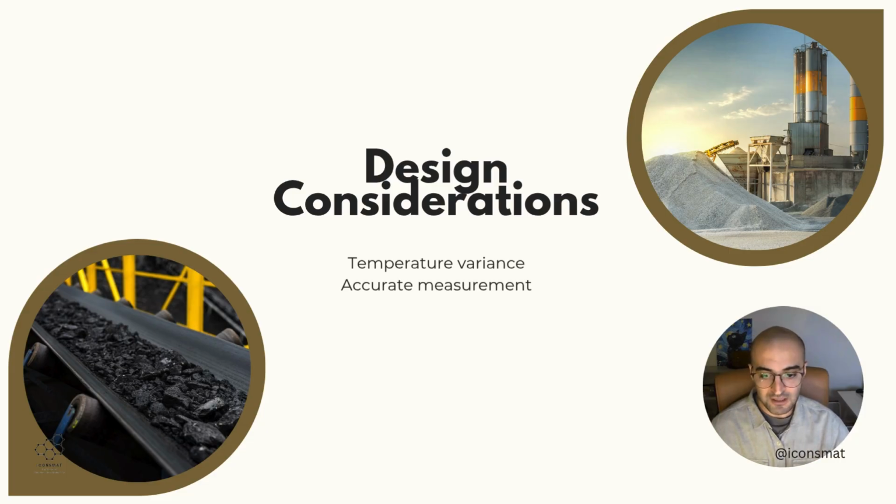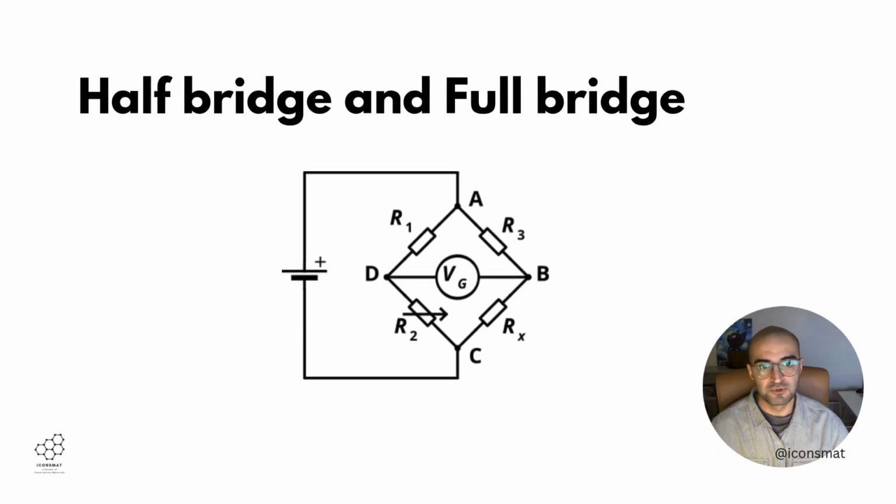So in order to mitigate that change, make temperature variance somewhat redundant, and make our readings always accurate, there are some steps that we can put in place in order to avoid any errors in the numbers. Half bridge and full bridge rely on the Wheatstone bridge principle.